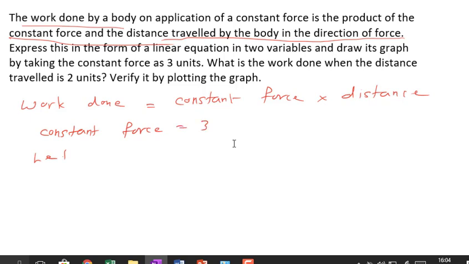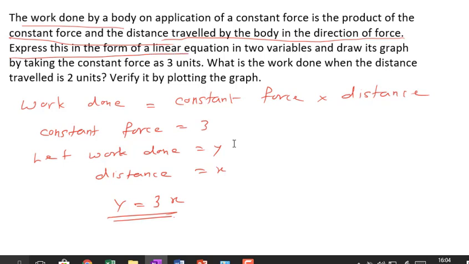Let us express work done with y and distance with x. Then I have y is equal to 3x. So this is our expression in the form of a linear equation in two variables, and we draw its graph by taking the constant force as 3 units.